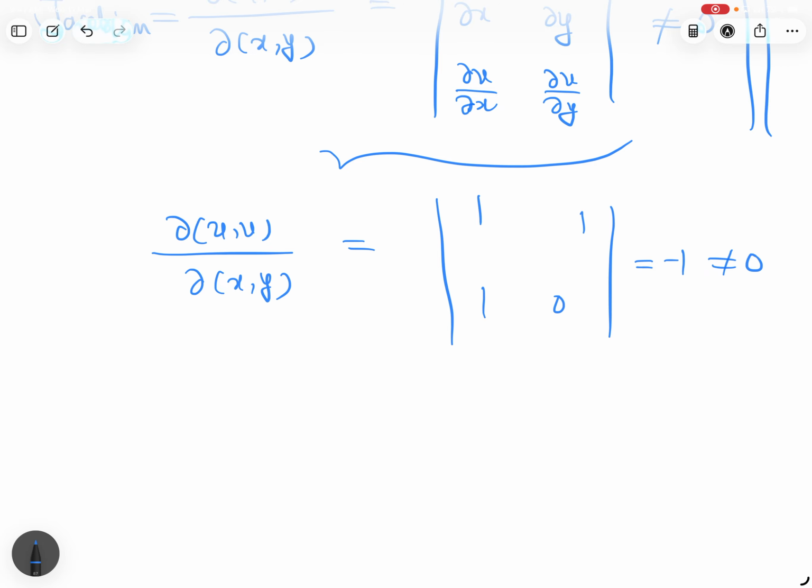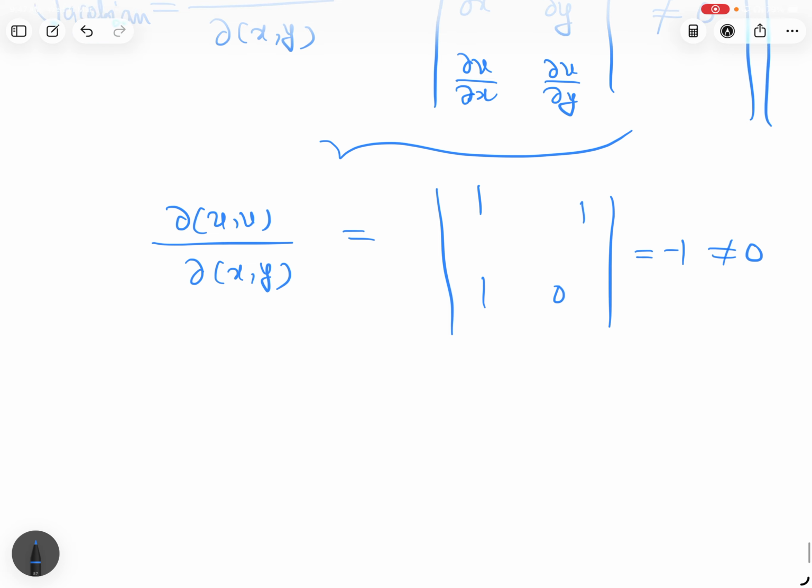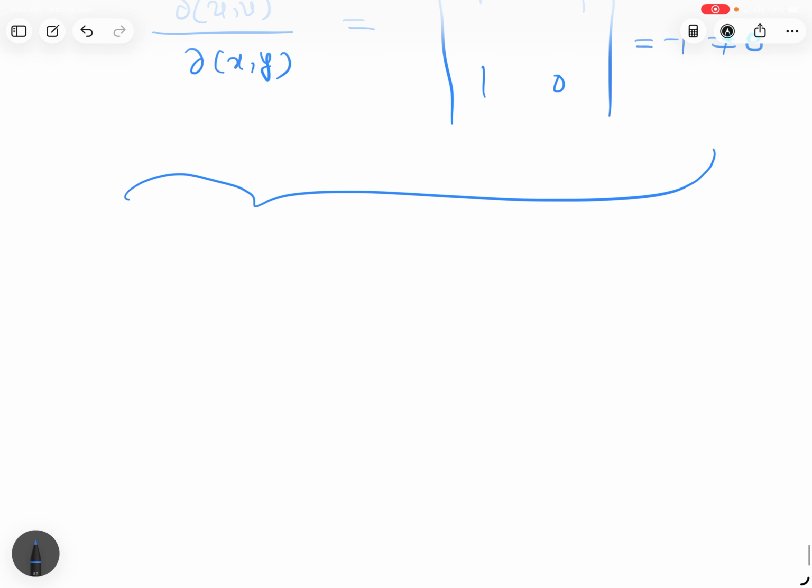We have to choose v from our side such that this Jacobian is non-zero. We put v is equal to x, and we calculated that the Jacobian is non-zero. So we can go with this choice of v.